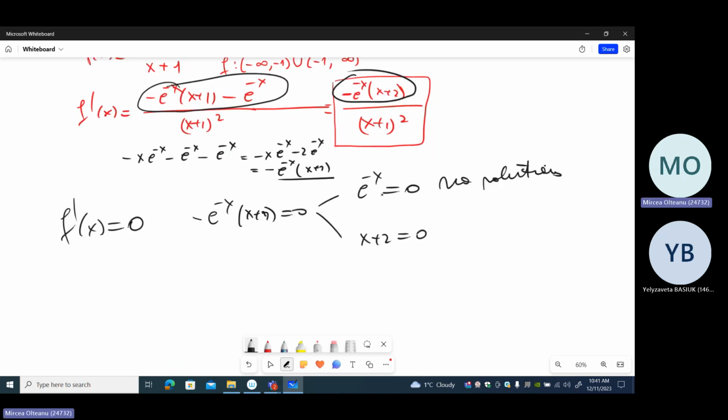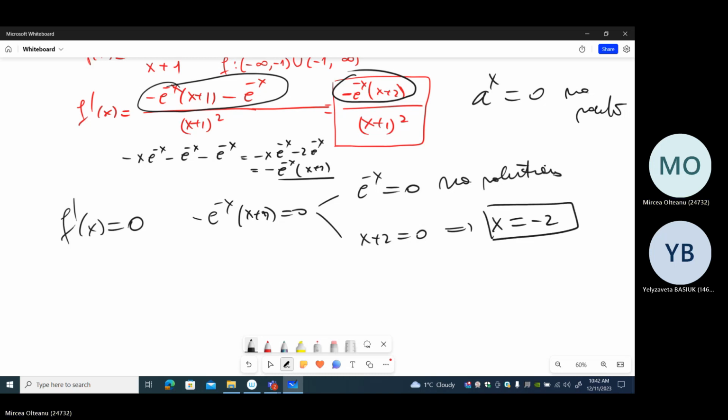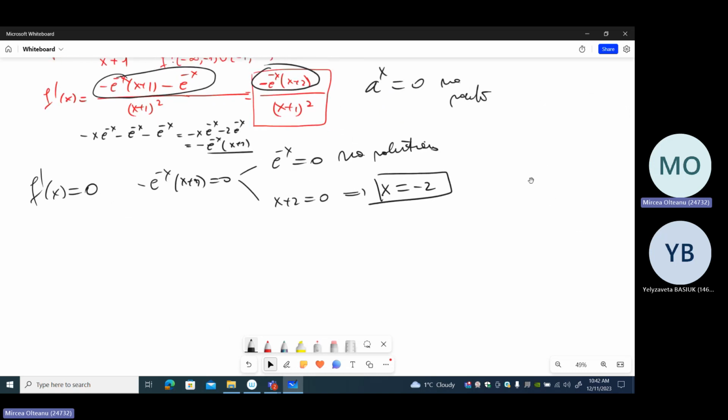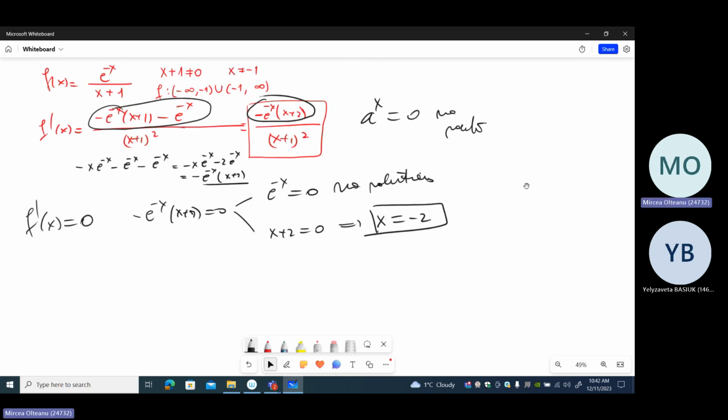So, again, the equation e at x equals 0 has no solutions. Okay, and from here we get x equals minus 2. So the function has only one critical point, which is minus 2. Clear?